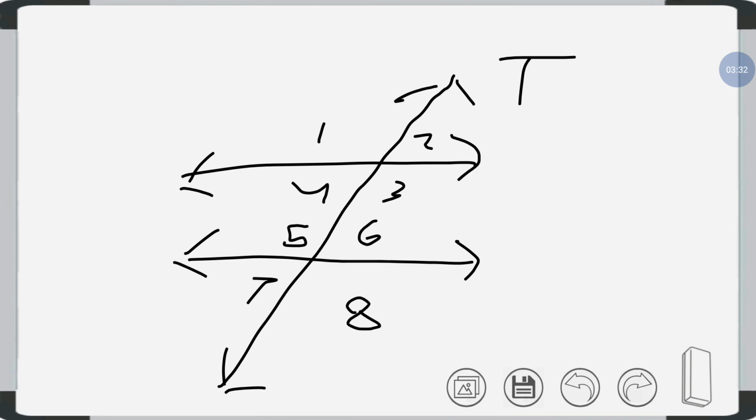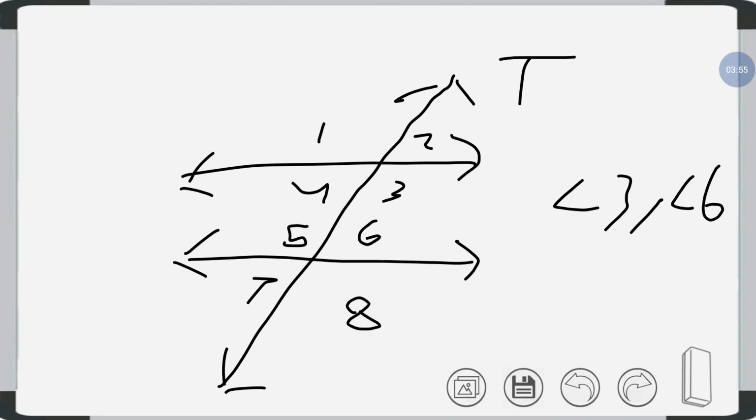An example for this is angle 3 and angle 6. As you see, angle 3 and angle 6 are both at the right side of the transversal, and they are both between the intersected lines.